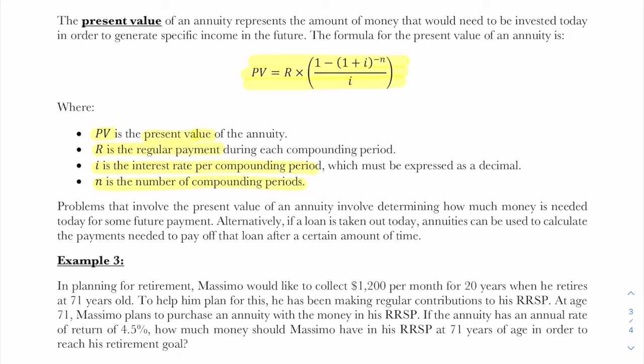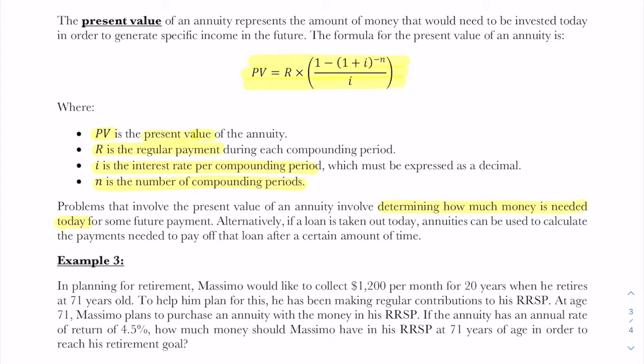Present value annuity problems can be confusing, but here's a quick way to make sure you're using the right formula. Any problems involving present value annuities ask you to determine how much money is needed today for some future payment.